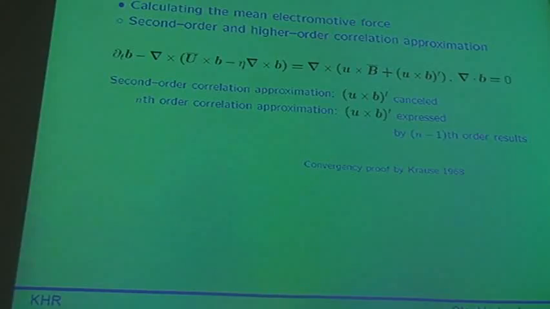And this procedure works, basically, and as Krause has shown a long time ago, it converges, but it is very tedious. So I know about a few calculations which were done by Stix and Niklas up to the fourth order, and I think that is already all. Nobody has really carried out this calculation up to arbitrary orders.